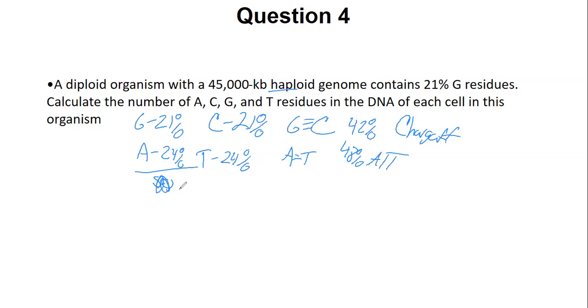I don't know how to do math. This is why you never do math off the top of your head. So I am missing 4 percentages there. So that should be 58%, right? 58, and that would make that 29, and that would make that 29.